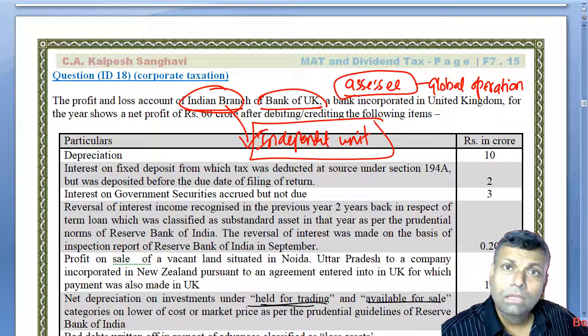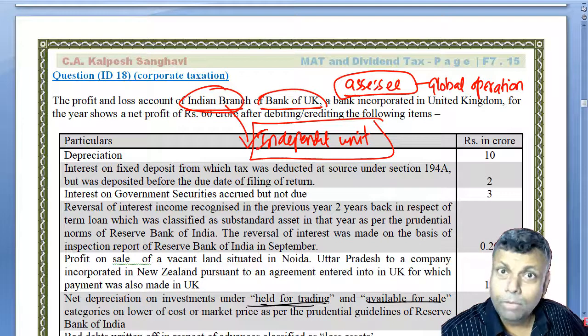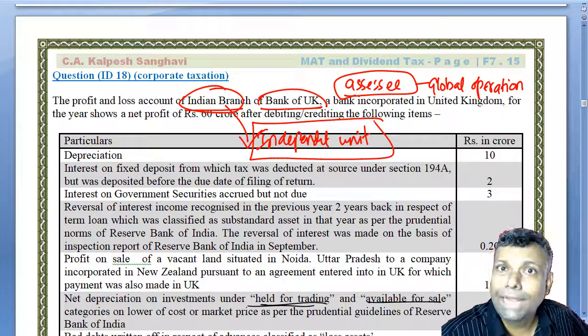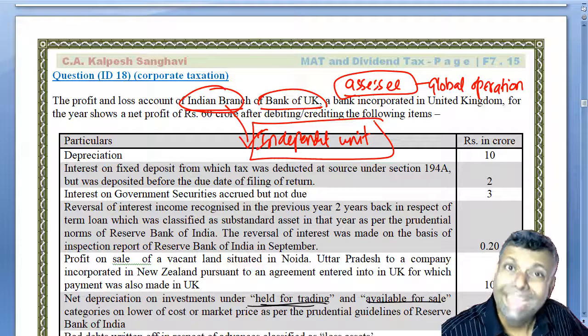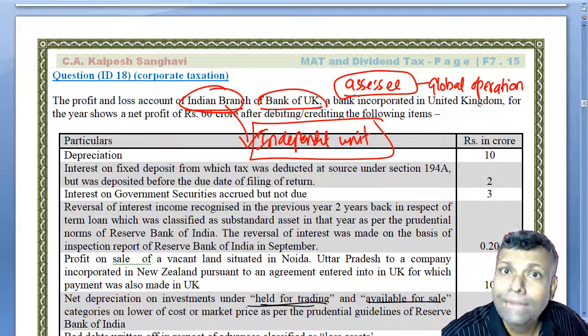I once again repeat, a branch is not an assessee. There is no taxation with respect to a branch. But particularly with respect to the banking sector, because they have global operations, the Indian branch by itself will be taken as an independently assessable entity.